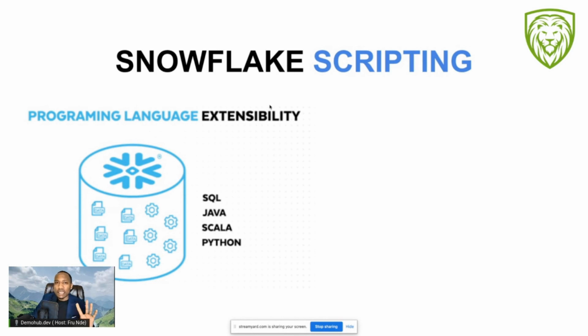Now, saying SQL and Snowflake sounds natural to a lot of people, but mentioning Java, Scala, Python, or even procedural programming, it's not very common to folks. But in the database world, procedural programming is something that has been around for a while. And Snowflake being able to support procedural programming is a big deal. And we're going to see why that's such a big deal.